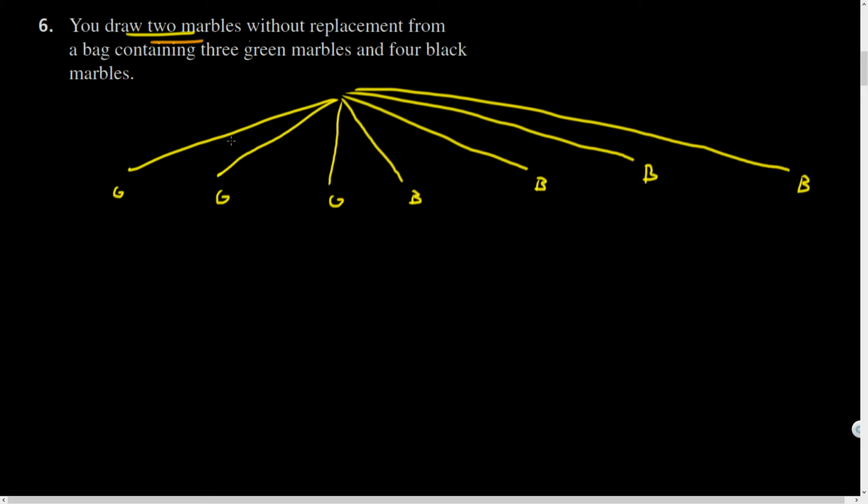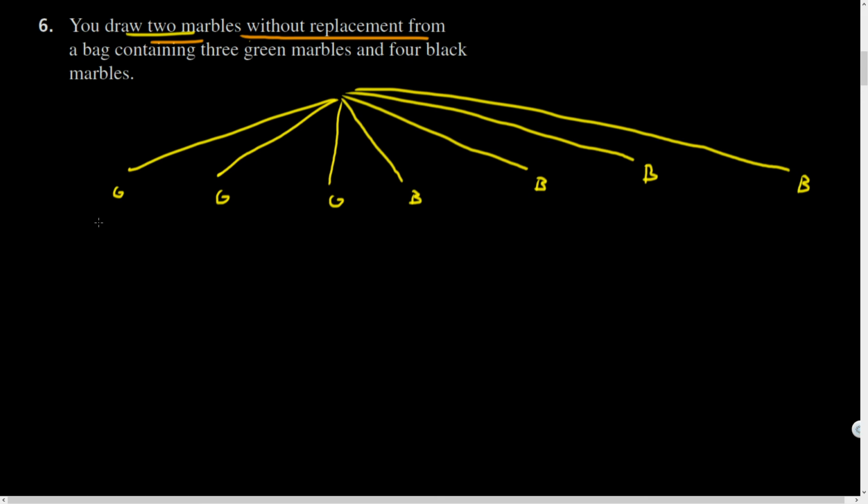And then the second time you draw, the keyword is without replacement. Originally there were 1, 2, 3, 4, 5, 6, 7 marbles in the bag. If I don't put it back, how many are still in the bag? That would be 6. And which ones are still in the bag? Well, that depends on what the first drawing was.